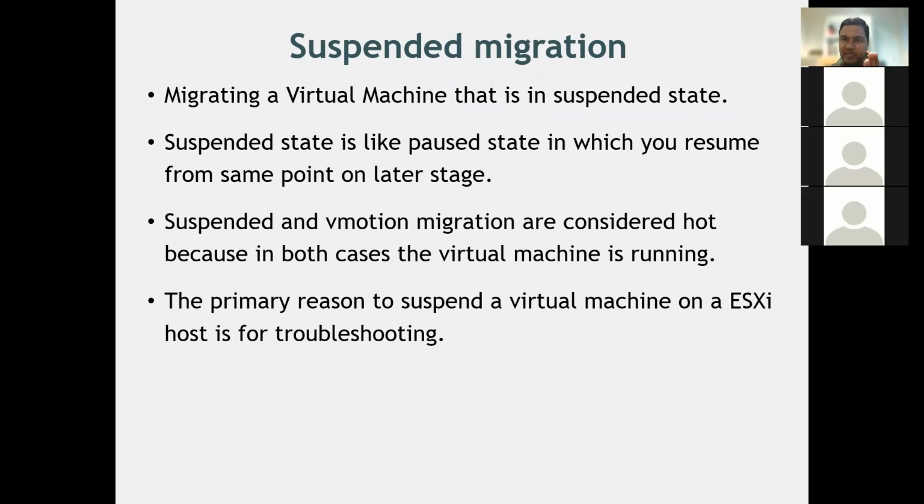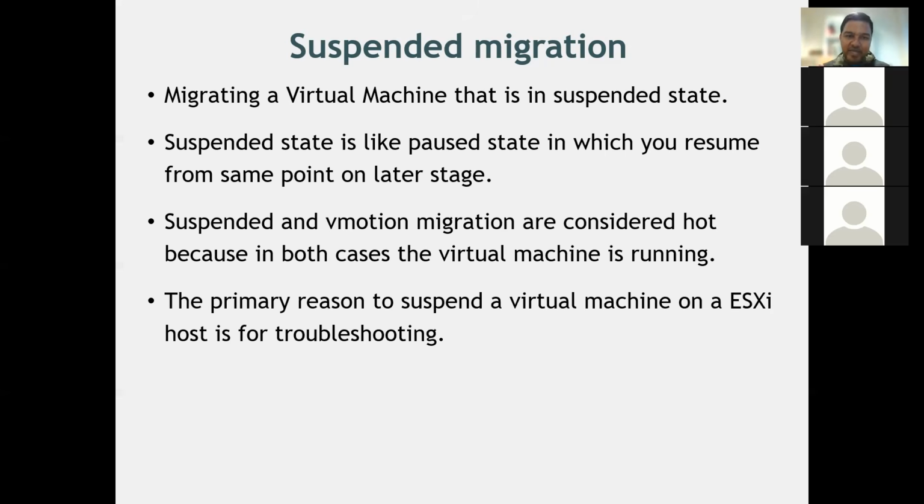We suspend that VM at that instant and move the content and everything, the whole snapshot, to another VM, and try to find out what is the fault there. So that is the suspended migration. It is mostly done for troubleshooting, finding out the fault which is happening, because VMs are running in a particular host, and that host basically means a physical server with all the hardware and everything.